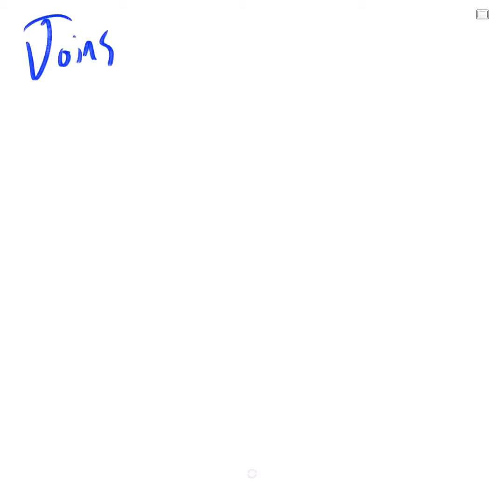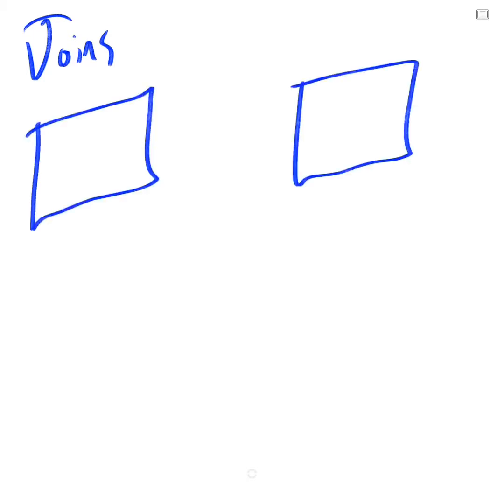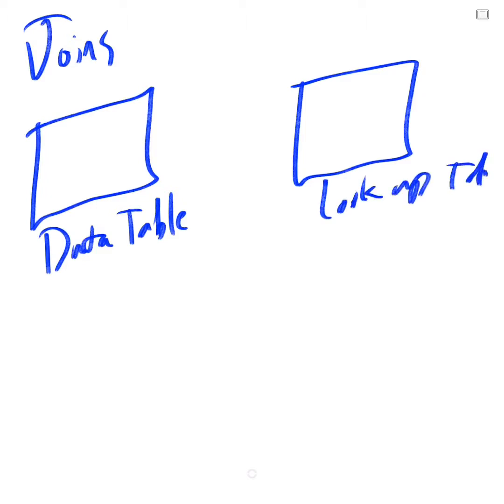Back to joins. This method is also really great for adding. So you've got your data table, but then things aren't working out. You want to organize your data table a little bit better, and then you can go through a lookup table.